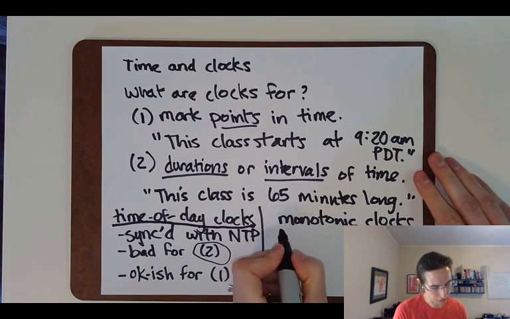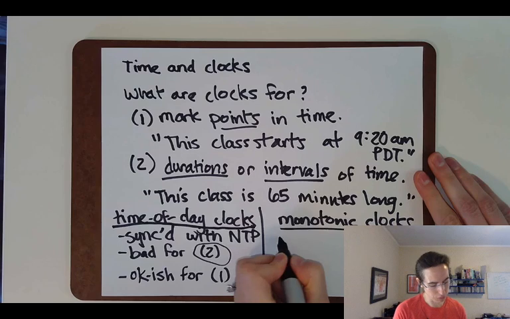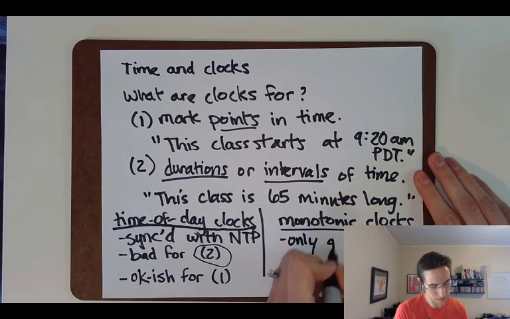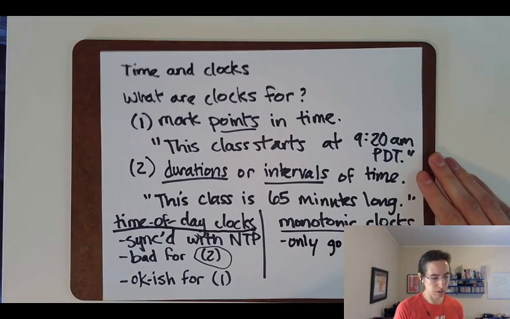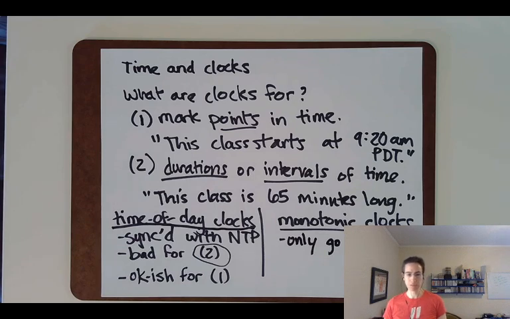So then there's monotonic clocks. Monotonic clocks only go forward. A monotonic clock is going to be some kind of counter, and maybe it counts up, let's say, milliseconds since the machine was restarted, right? If you use Python, for example, if you import the time library, there's a mechanism you can use for a monotonic counter.